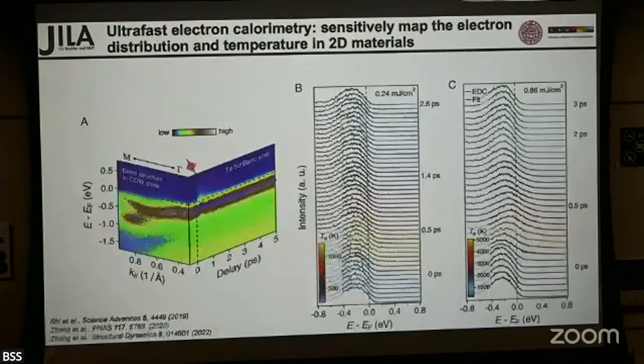This is the line out across the Fermi level, with temperature in degrees Kelvin, and you can see it go from cold to medium to hot, back to medium, back to hot. You can see the Fermi smearing, not exactly due to temperature, but due to electronic entropy.